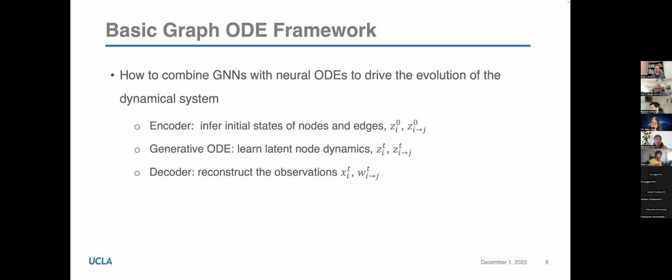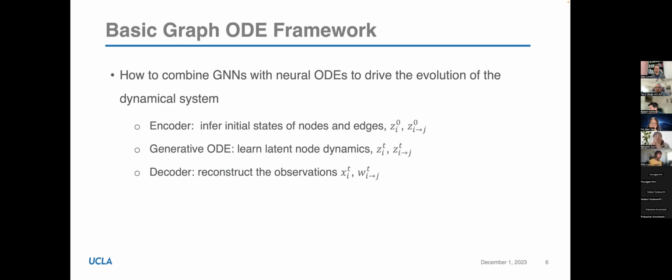First, we will use an encoder like an MLP. We will infer the initial state of nodes and edges. And the second is we will use a generative ODE. Here we will use graph ODE. We will combine graph and ODE to model the evolution of the dynamic system.